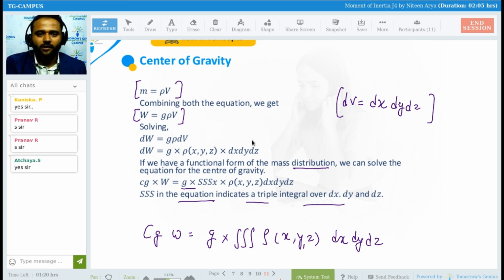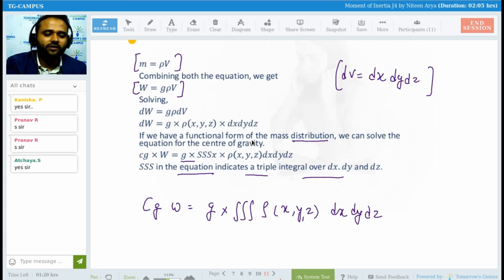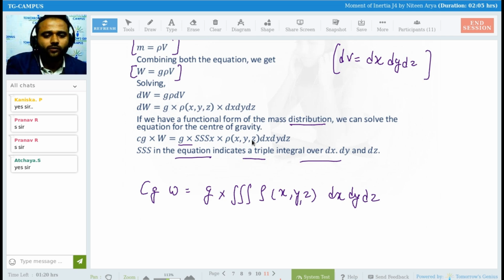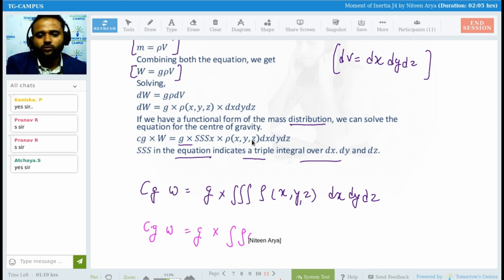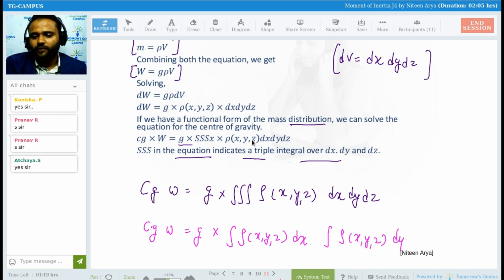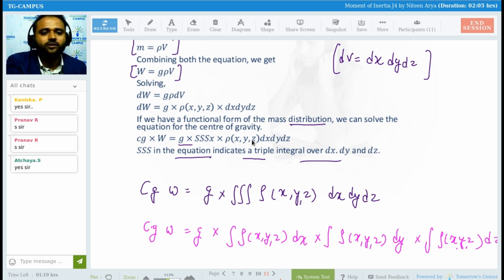Either you can do the triple integration altogether, or you can do it in this way also. It's our choice. Center of gravity into weight equals the integral over dx of x rho(x, y, z), where y and z can be treated as constants, then multiplied by the integral over dy and the integral over dz.